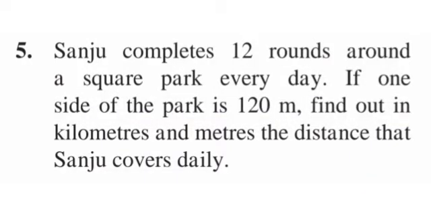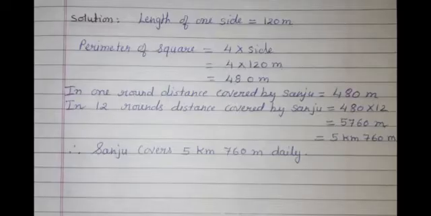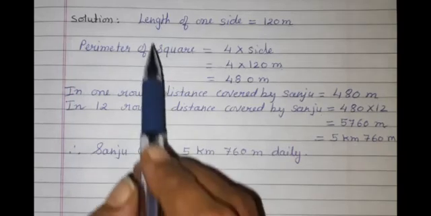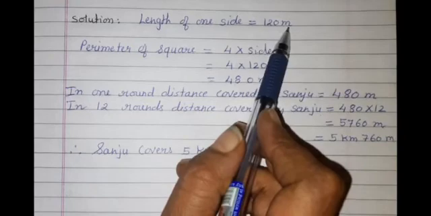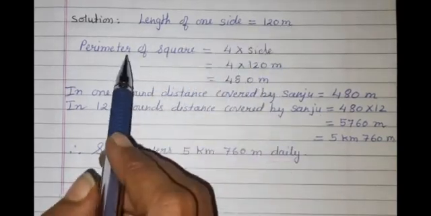Question 5. Sanju completes 12 rounds around a square park every day. If one side of the park is 120 meter, find out in kilometers and meters the distance that Sanju covers daily. According to the question, one side of the park is 120 meter. So the length of one side is equal to 120 meter and the park is in square shape.